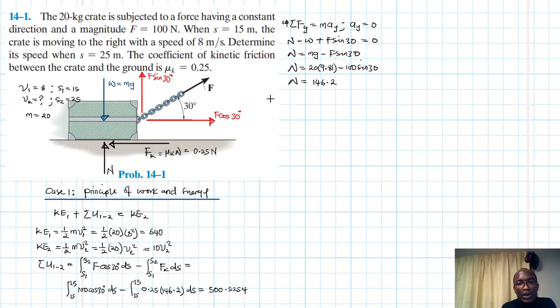Let's plug in the whole equation now. We said KE1 plus the summation of the total work equals KE2, the kinetic energy.